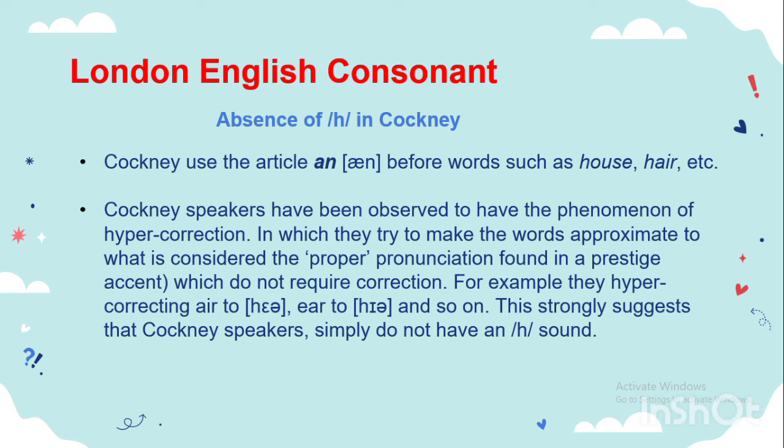Absence of h in Cockney. Cockney speakers use the article "an" before words such as house and hair. Cockney speakers have been observed to have the phenomenon of hypercorrection, in which they try to make words appropriate to what is considered the proper pronunciation, found in a prestige accent, which do not require correction.